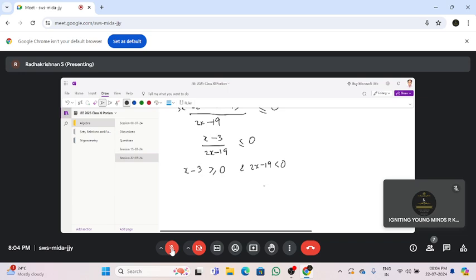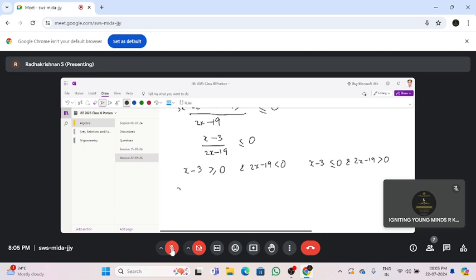That can be one condition. But remember, for 2x minus 19, I don't put equality because the denominator should not be 0. Otherwise, x minus 3 less than or equal to 0 and 2x minus 19 greater than 0. This is how you should put.